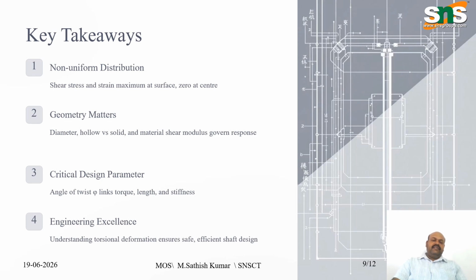The critical design parameter is the angle of twist, which links torque, length and stiffness. As we have seen, the formula for angle of twist is TL by GJ. And engineering excellence: understanding torsional deformation ensures safe, efficient shaft design. So this is the engineering excellence we have seen.